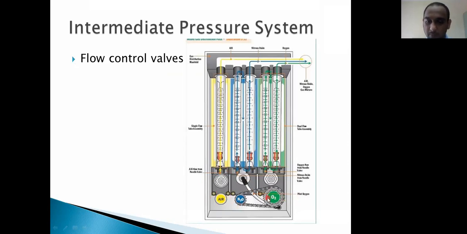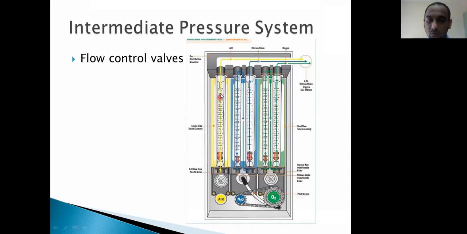As you rotate them, a fixed flow of gas is allowed to enter the flow meters from below, and this bobbin is lifted up as much as we have rotated the flow control valve, so that the known flow of gas is achieved. So now this is a single flow tube assembly.